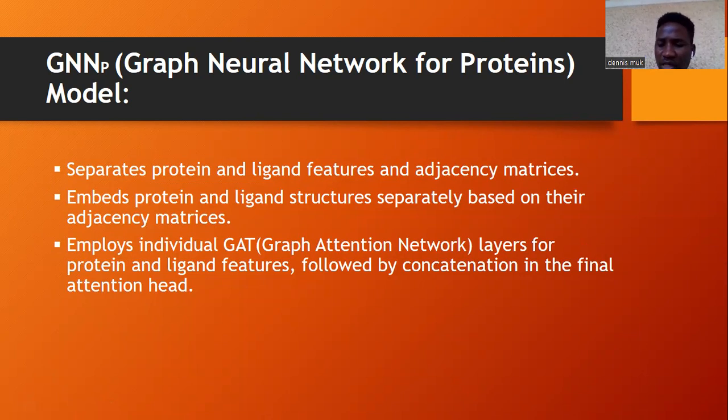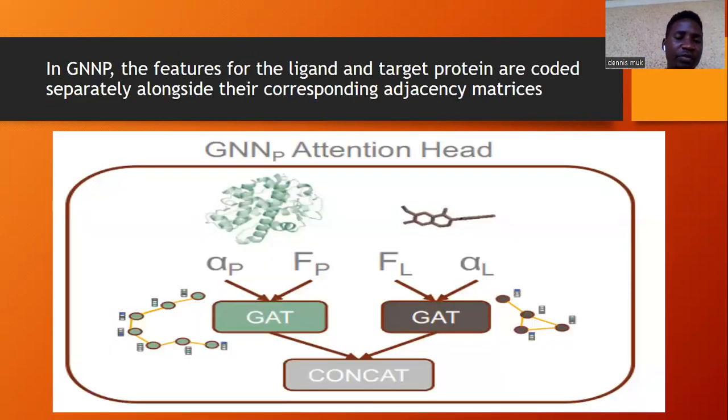I will also share with you the attention head for GNNP. Here, the features in the ligand and target proteins are coded separately alongside their corresponding adjacency matrices, which is what they're talking about in this diagram.